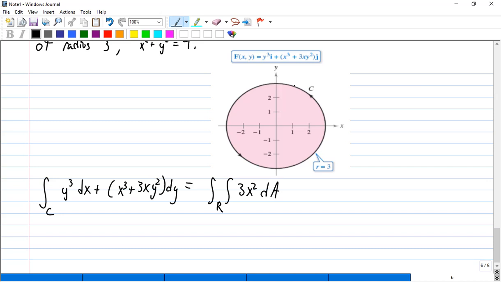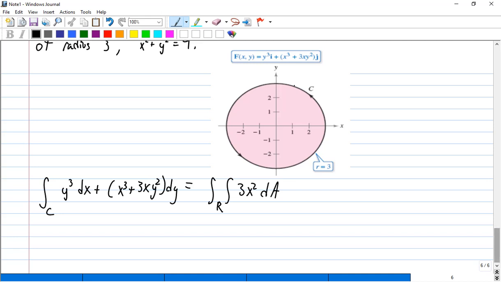Okay. So since we have a circular motion, what's the coordinate system that brings more meaning to circular motion? The polar coordinate system, right?